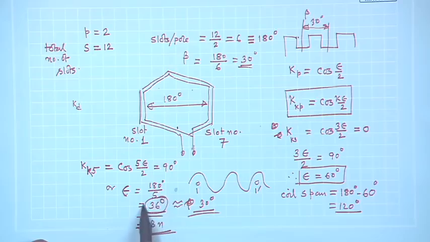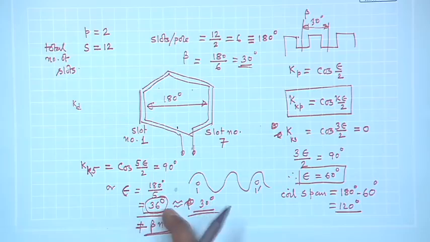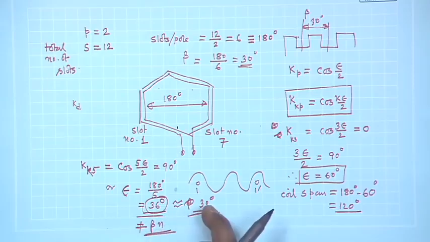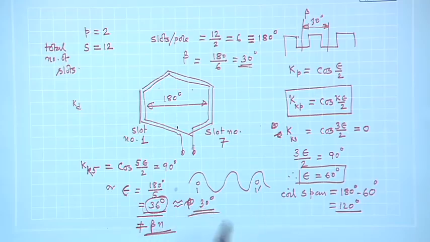Then see this 36 degree, the nearest multiple of beta, this is close to 30 degrees, 60 degrees will be too high a value. So, the nearest closest value of beta n is 30 degrees, that is n equal to 1 of this one, it is an integer.